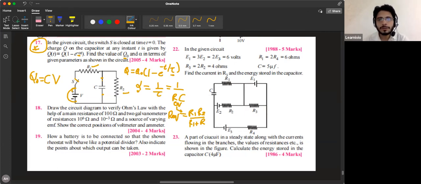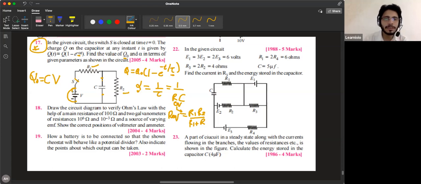Sir, can you say why we are short circuiting the cell again? The reason is when you calculate tau, we take the resistance which is connected with the capacitor. When you have two resistances, it's not very clear whether a resistance is connected to the capacitor or not.